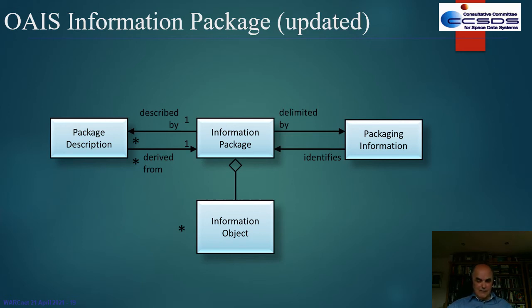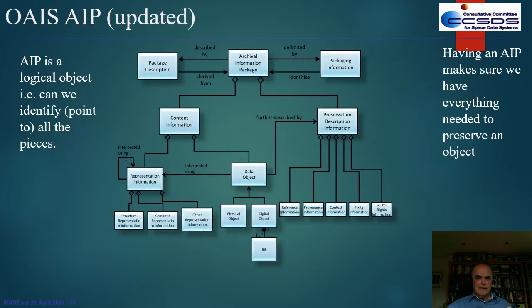The package itself is described by a package description. So one might think in terms of BagIt files and so forth. They can be interpreted in this way. The OAIS archival information package is a logical package that brings together everything needed to preserve the content information, the thing that's being preserved.